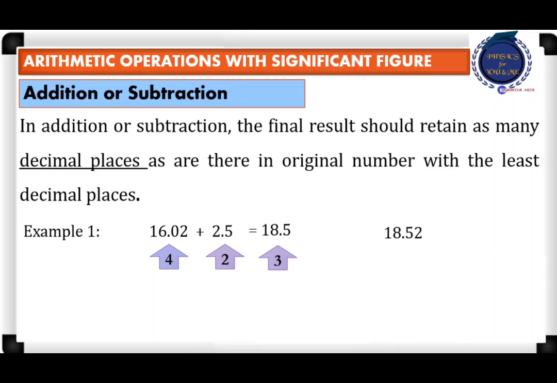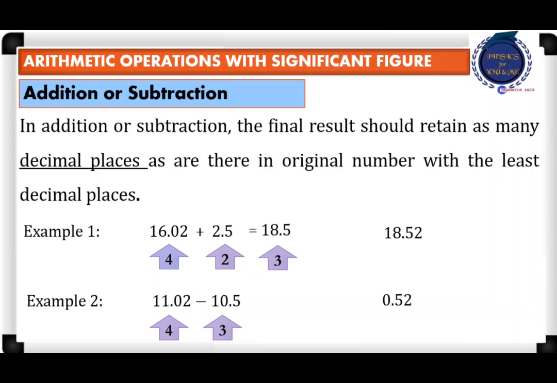Let us consider one more example. 11.02 minus 10.5. We know that the answer will be 0.52. But again, we have to consider the decimal places, not the significant figures. The first one has 4 significant figures, the second one 3 significant figures.